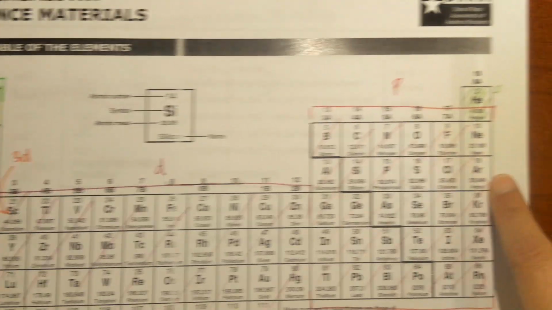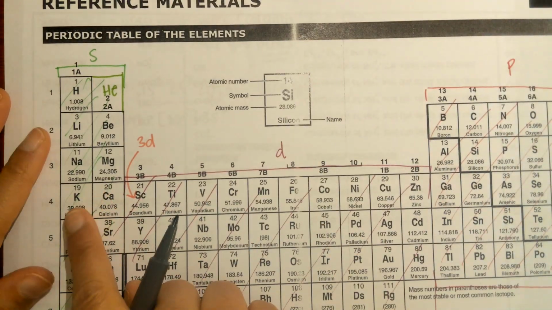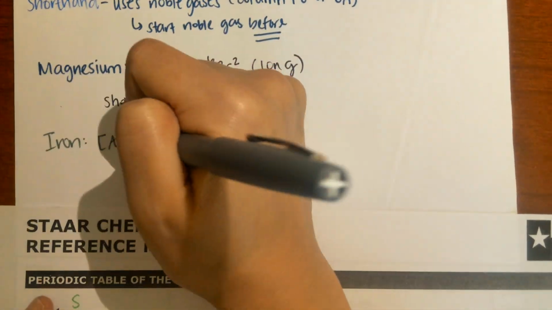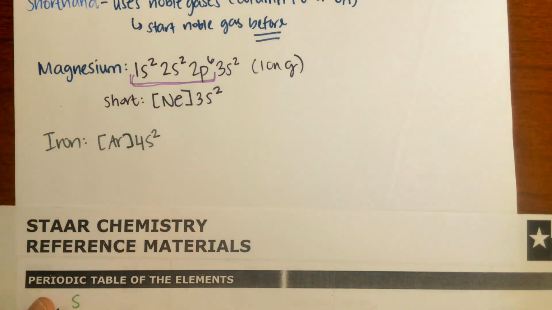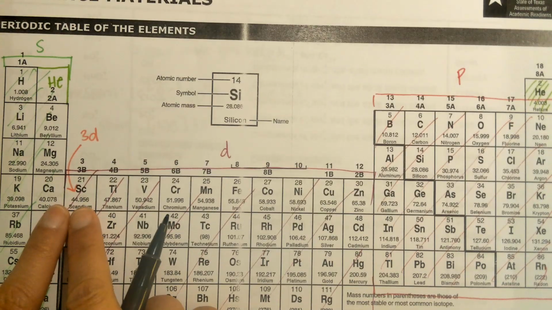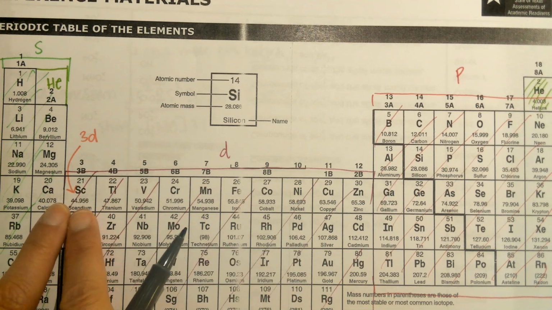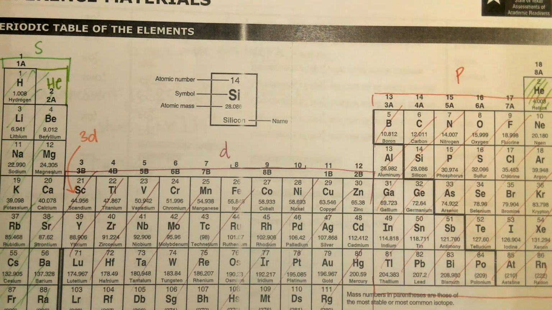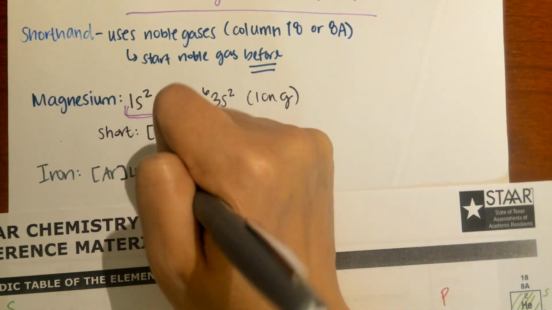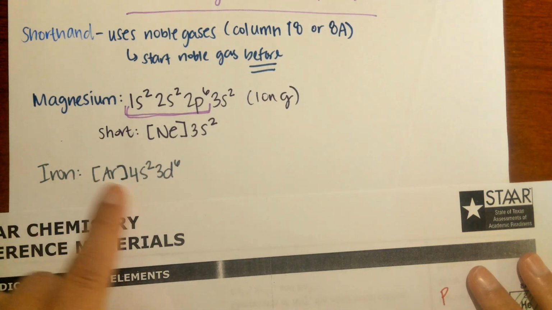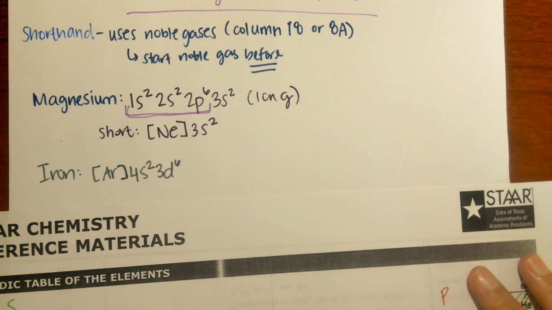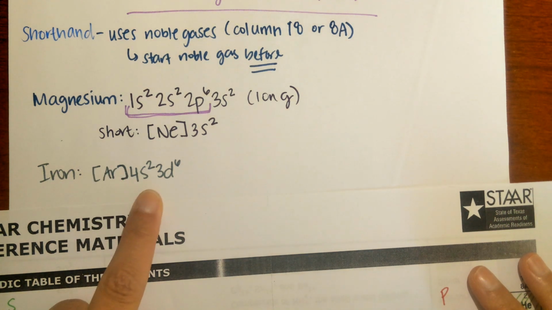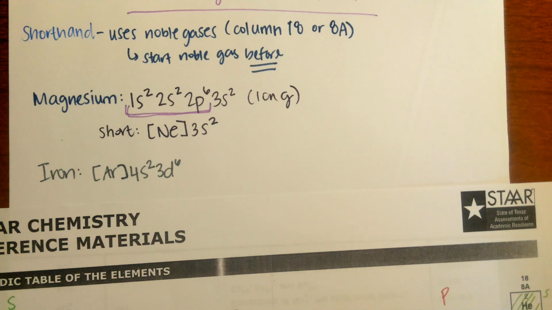Right after argon, I start normally with 4s2, and then I'm entering the D block. Remember, 3d6: 1, 2, 3, 4, 5, 6, 3d6, and that's it. It's so much better than doing 1s2, 2s2, 2p6, all of that. We compact that all into the noble gas argon, and then 4s2, 3d6.